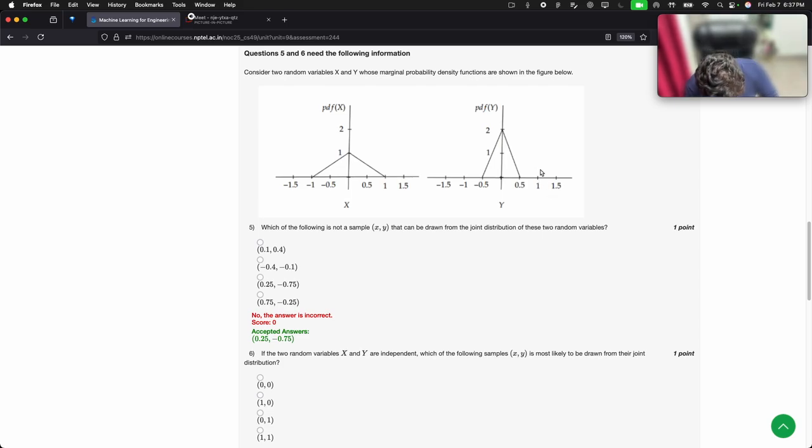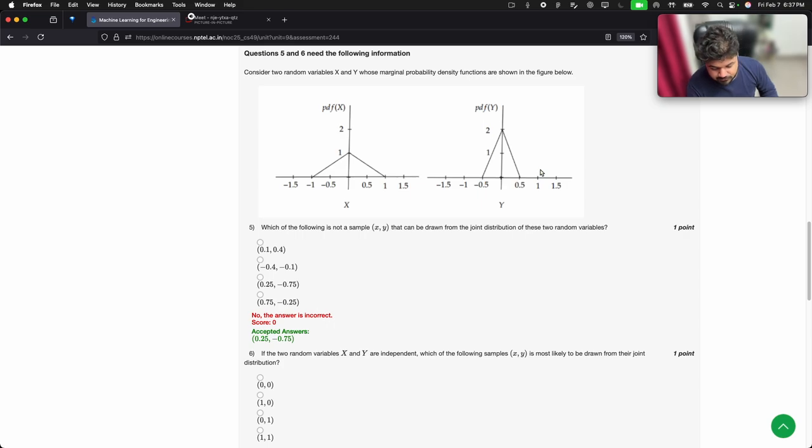The axis should shift, so these things will be parallel to each other. Ultimately what you get here is -0.25 to 0.25. Now the range is -0.25 to 0.25.